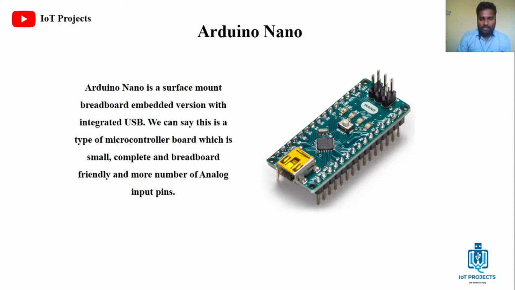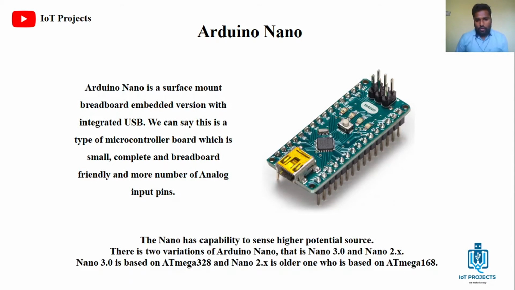Okay, it's a surface mount. The difference in the power input on this board is that we are using a USB B type charging port, similar to our mobile charger type. The Arduino Nano has the capability of sensing a higher potential source.